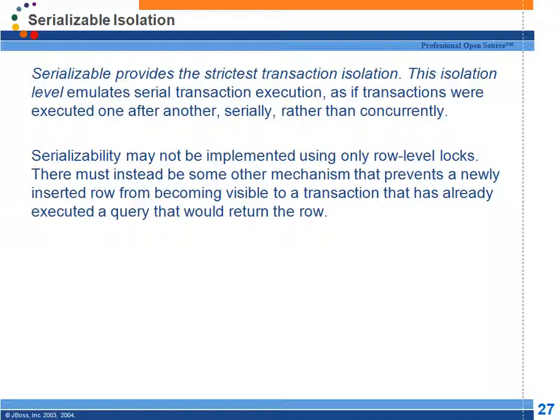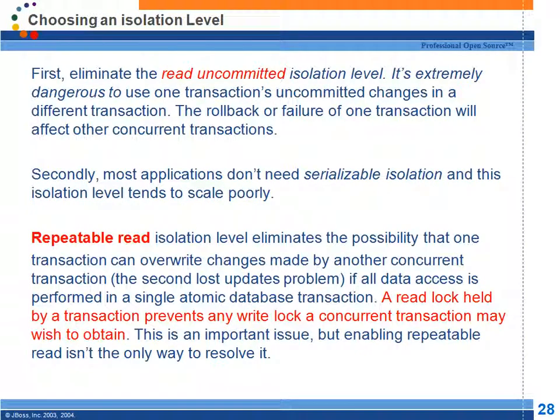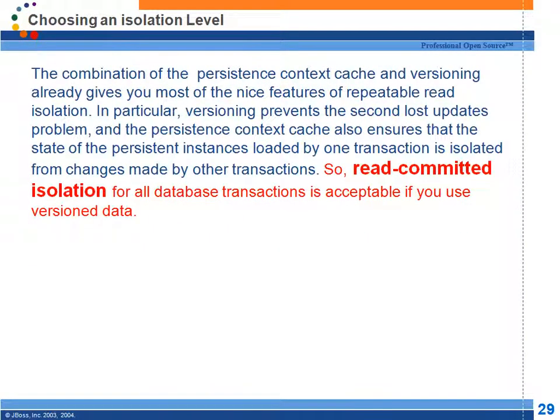As far as Hibernate is concerned, we just have to understand how to configure isolation levels in Hibernate. Among all the 4 isolation levels, the most commonly used and performance-effective one is the read committed isolation level, right?